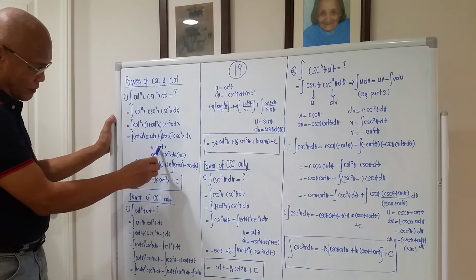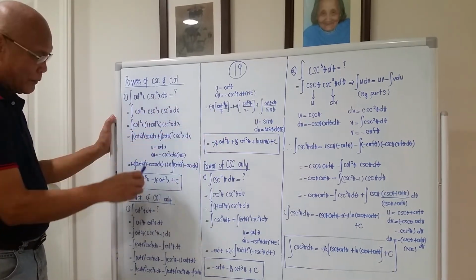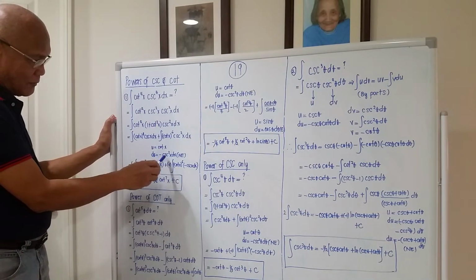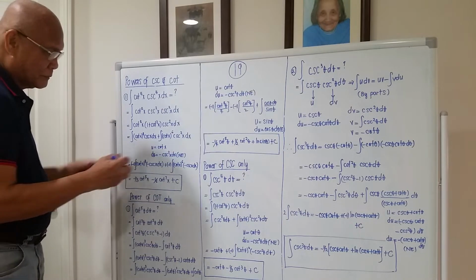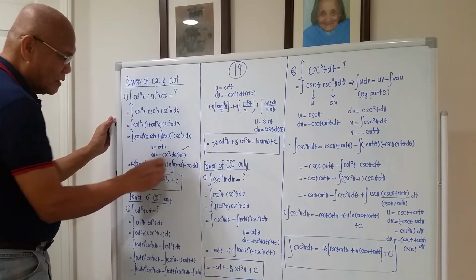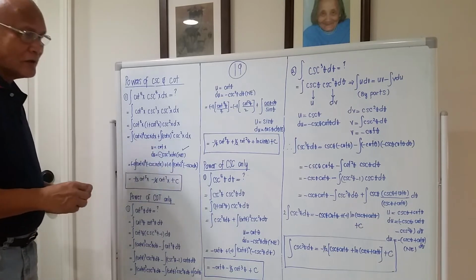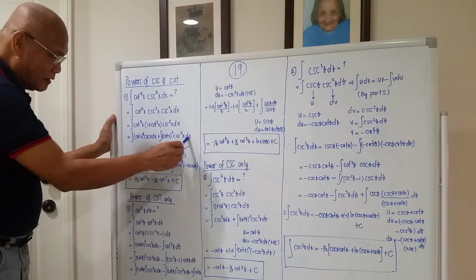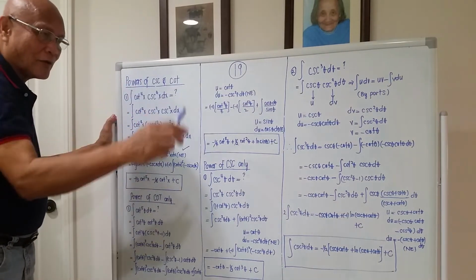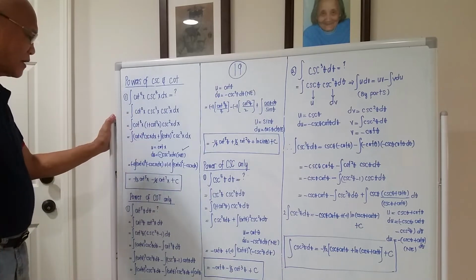If you try to take the differential of cotangent, it should be negative cosecant square. So du is actually negative cosecant square of x dx. It is not exact. Why not exact? We are missing the negative sign. So for these two resulting terms to be integrable, we will insert the negative sign outside the integral sign.